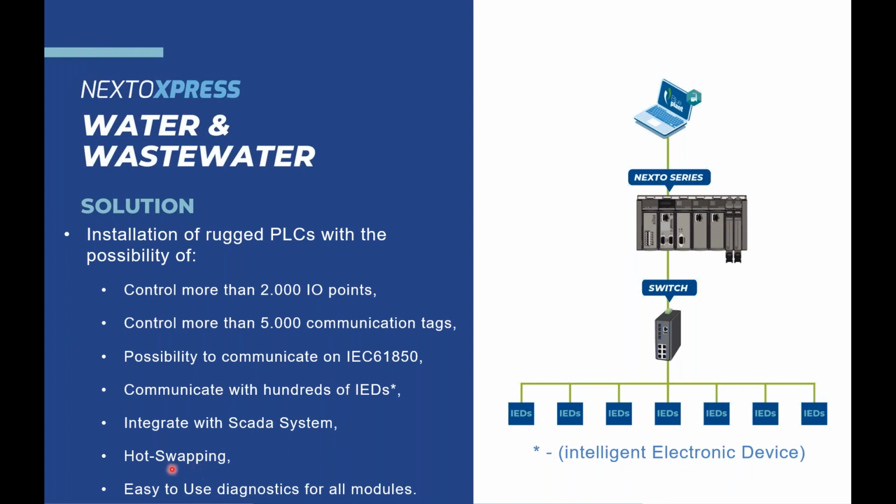Hot swapping was a requirement that they had. We need hot swapping on the IO modules, and easy-to-use diagnostics for all the modules. For maintenance, they want full diagnosis from the IO, mainly from the IO modules.